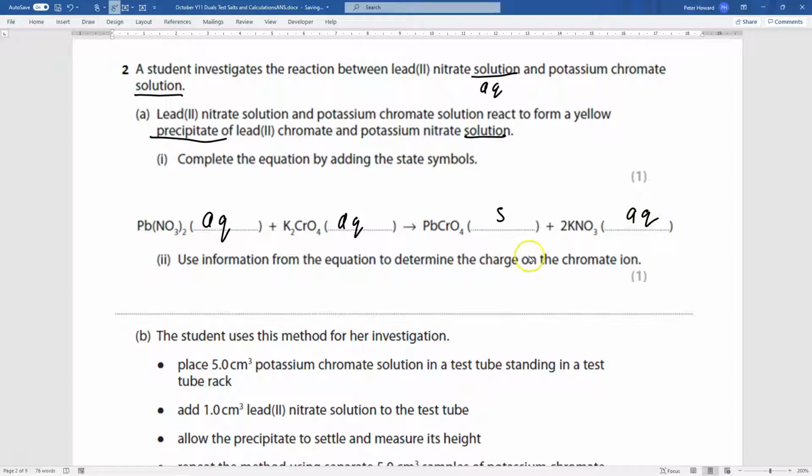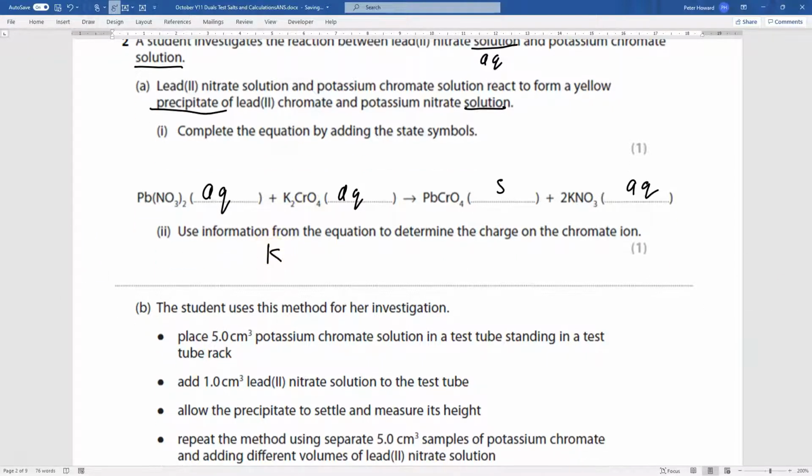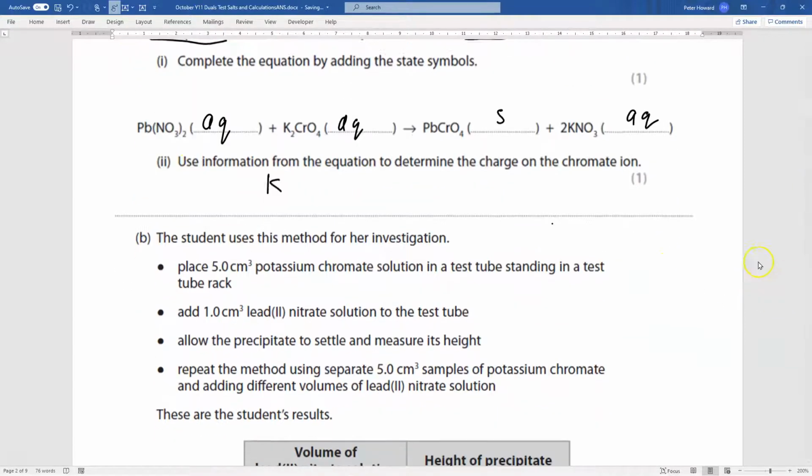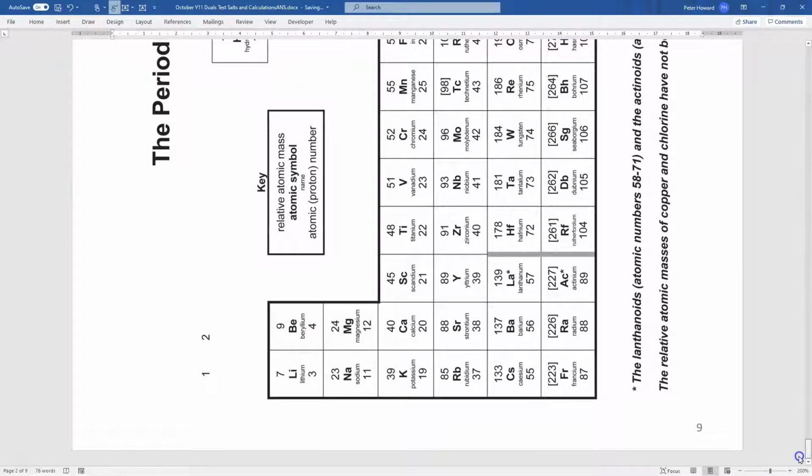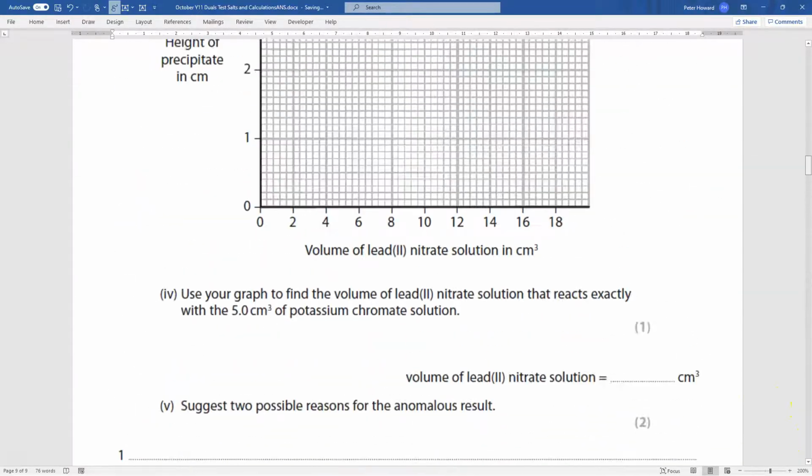What's going to be the charge on the chromate ion? If we look at our periodic table, you see potassium is in group 1. So if it's in group 1, it will have a charge of +1.